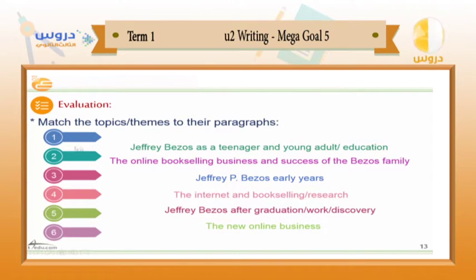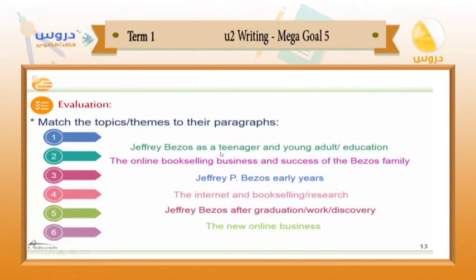So what do you think the first paragraph talks about? The first paragraph talks about, if you remember, his life when he was a toddler. So it would be Jeffrey P. Bezos' early years. What about the second paragraph? After, when he was a teenager.